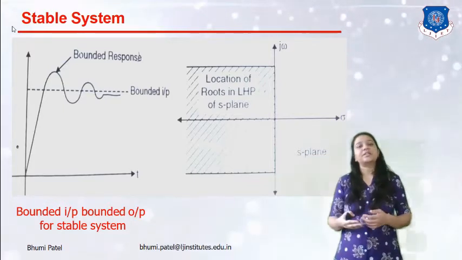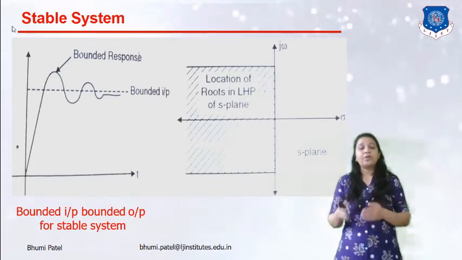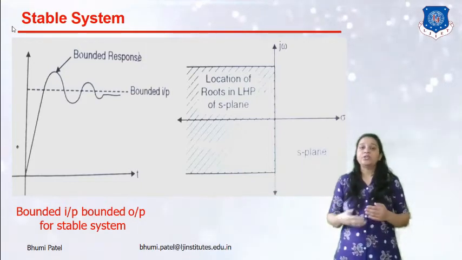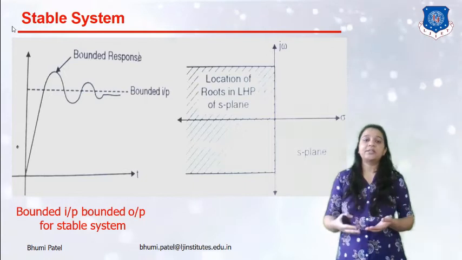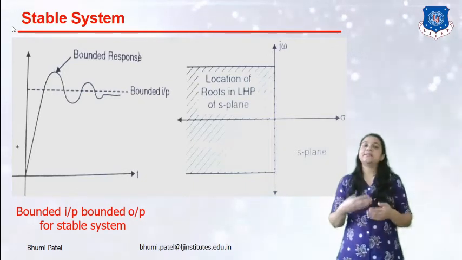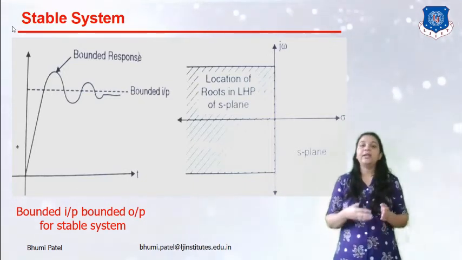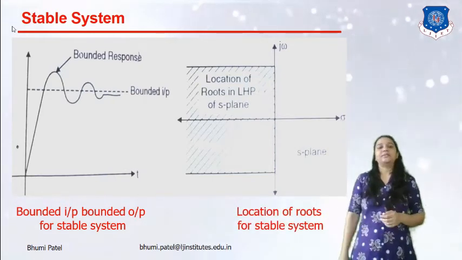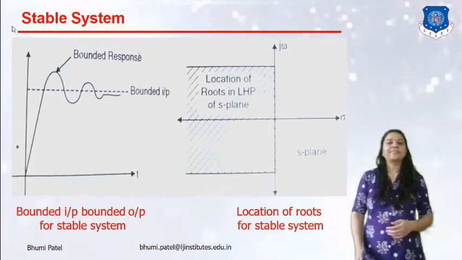Whenever a system is stable, the roots are located in the left hand side of the S-plane. So this type of system is known as the stable system.